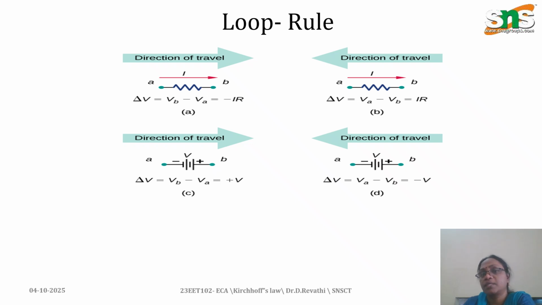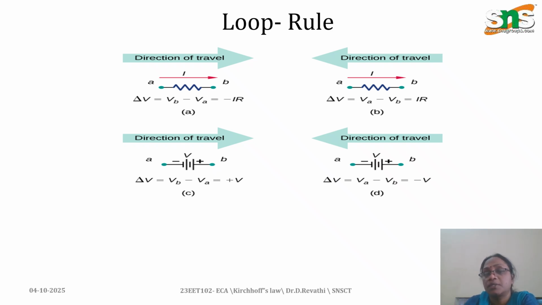And there are loop directions and rules for the direction of current and the direction of the battery, based on the current flow through the resistor and on the positive and negative supply. We can then write the voltages.